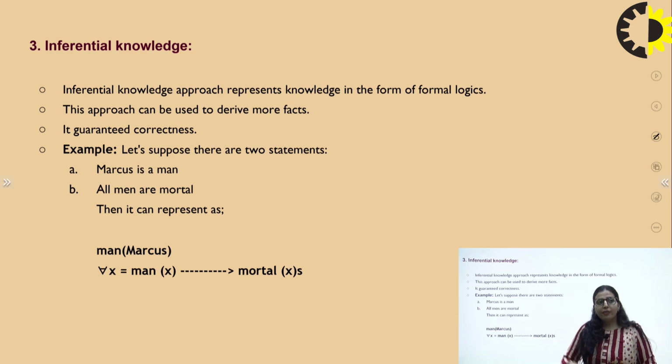So, inferential knowledge is data represented in the form of logic, using symbols to represent facts or knowledge in such a way that when an artificial agent wants to take any action or decision, it can take the decision on the basis of that logic.